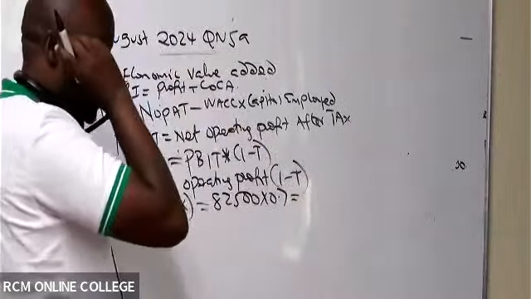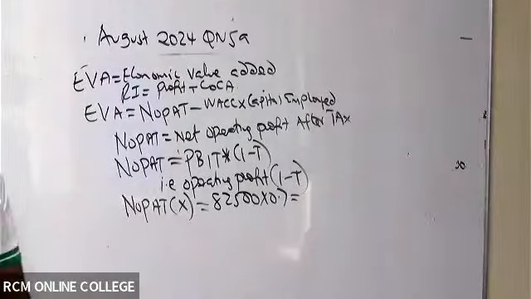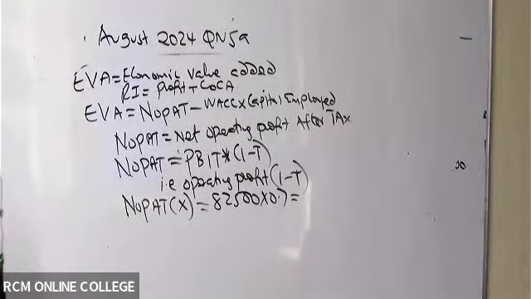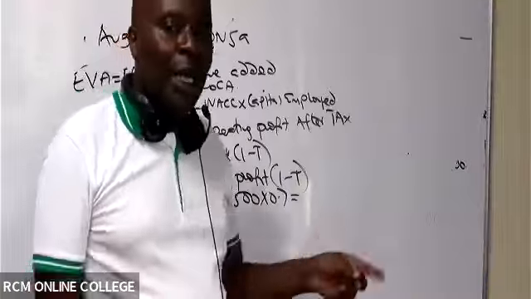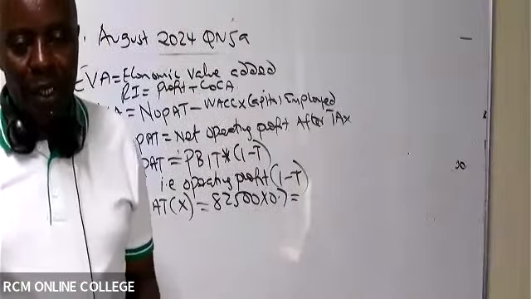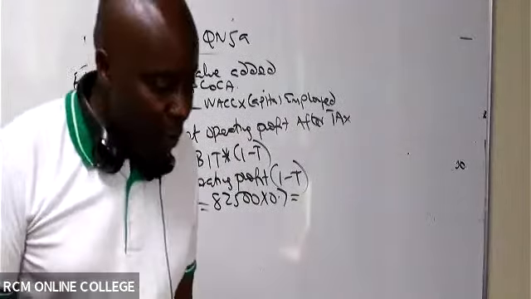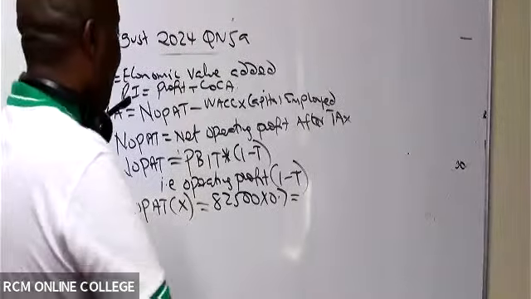I'm sure you haven't yet seen where I got 0.7 from. I said 1 minus 0.3 because tax has been given as 30%. That gives me 57,750.